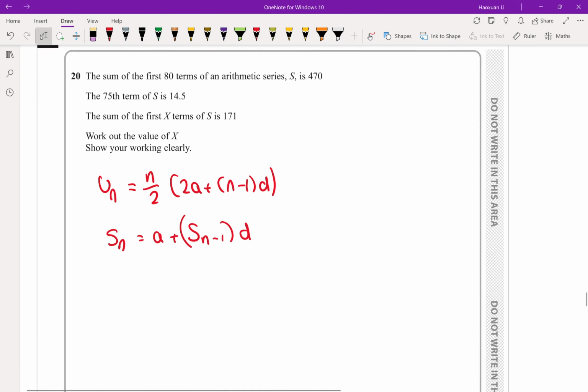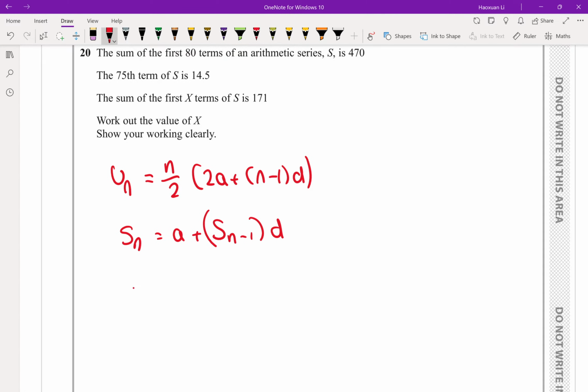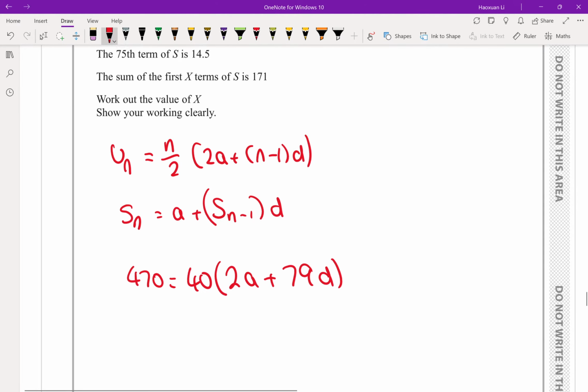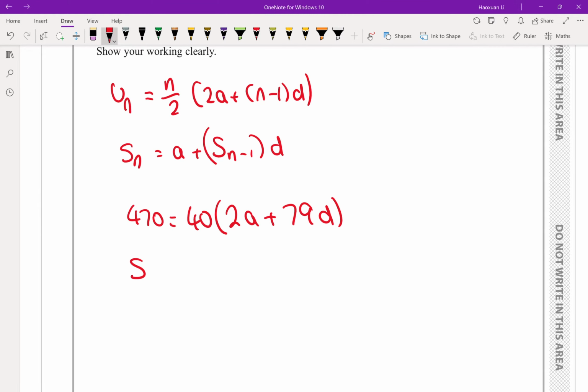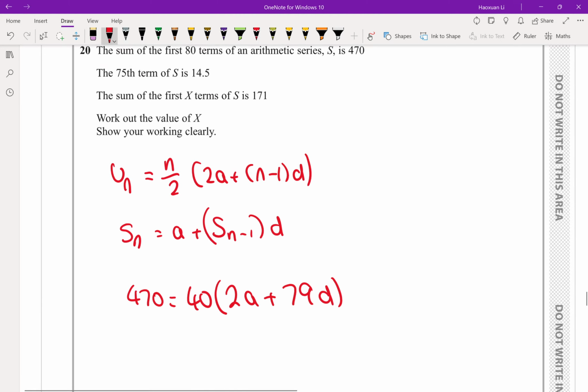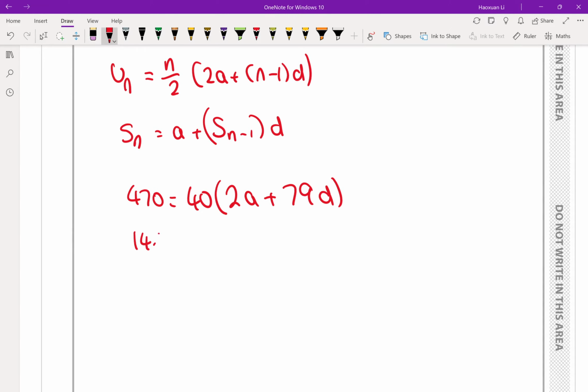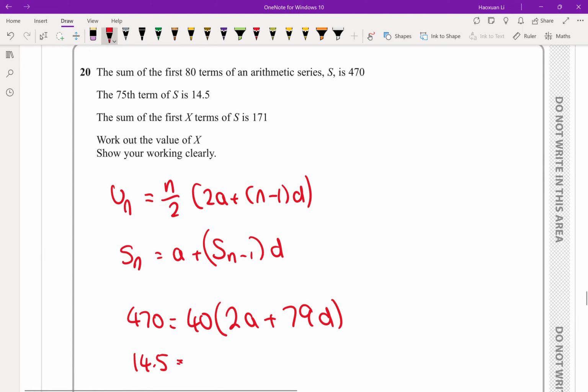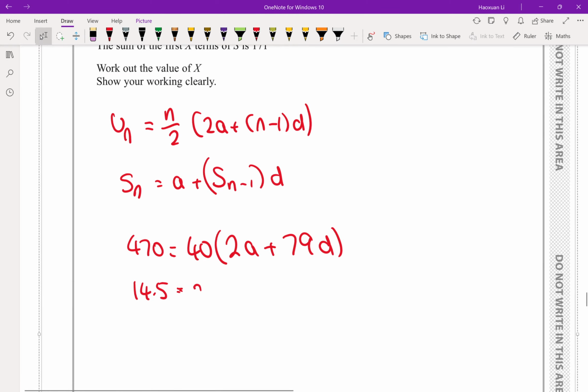So therefore, the sum of the 80 terms is 470. So 40, because 80 divided by 2, so 2a plus 79d. Then the nth term rule, so the 75th term, it tells you that 14.5 equals a plus 74d.